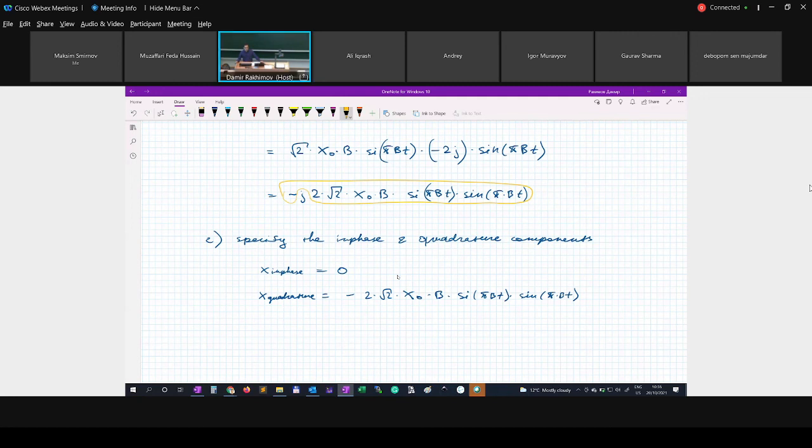Minus 2, without square root of 2. Do you say that we can ignore this square root of 2? Oh, sorry, could you please repeat because I didn't get the question.